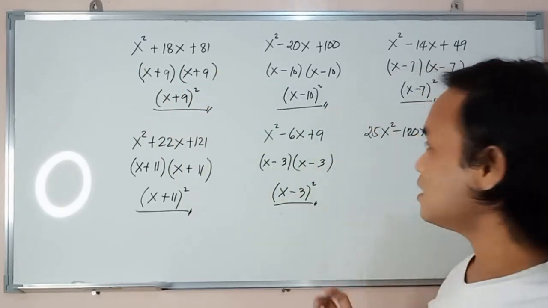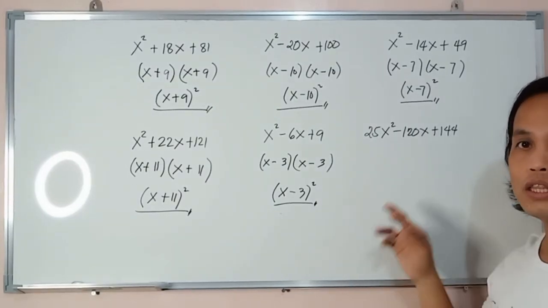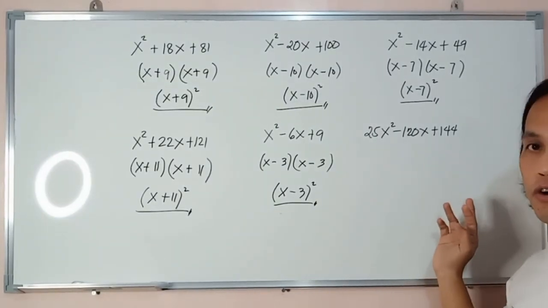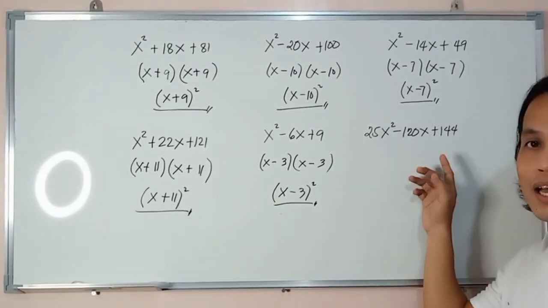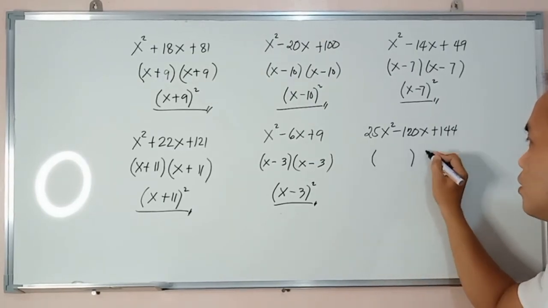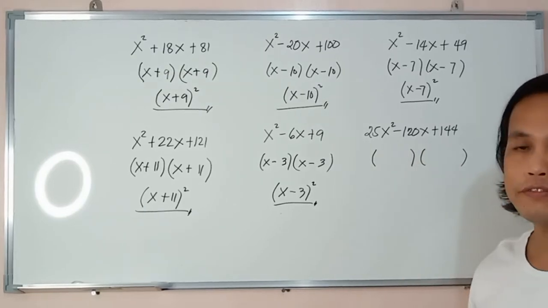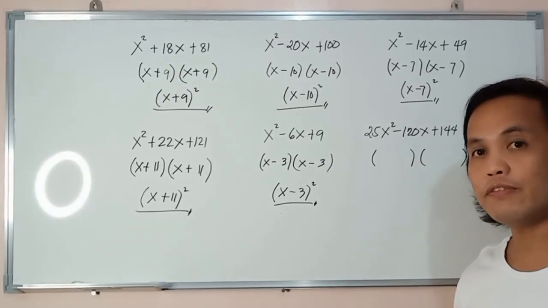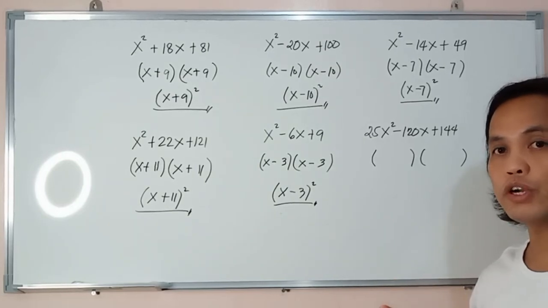In this example, we have 25x squared minus 120x plus 144. There's no problem, because our first term and last term are perfect squares. So we write two binomials. We get the square root of 25, which is 5. The square root of x squared is x.